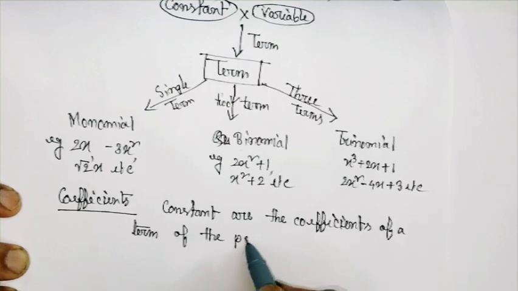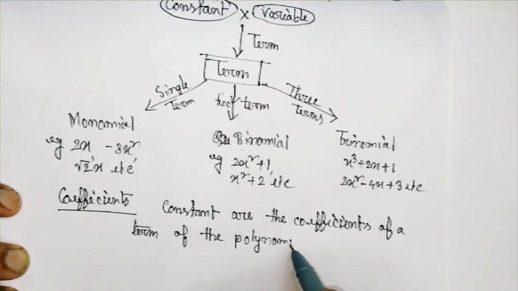That means the raised part of a term is called the coefficient of the polynomial.